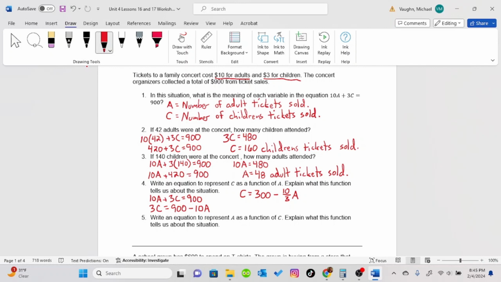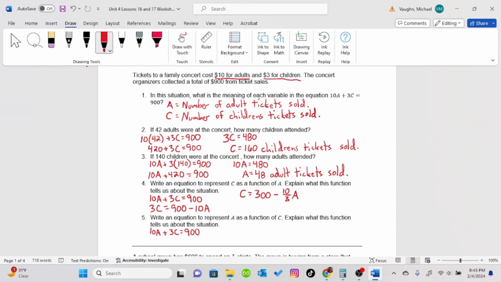Number 5. Write an equation to represent a as a function of c. Explain what this function tells us about the situation. Again, we start with the original equation, 10a plus 3c equals 900.